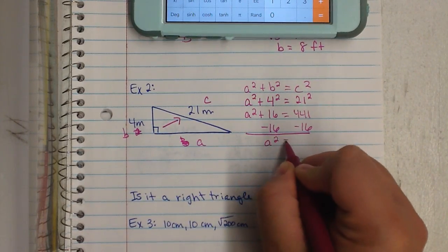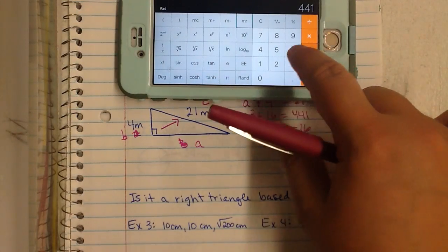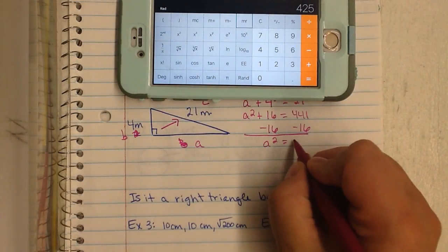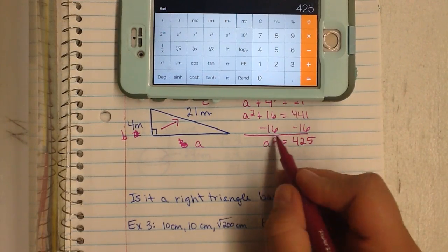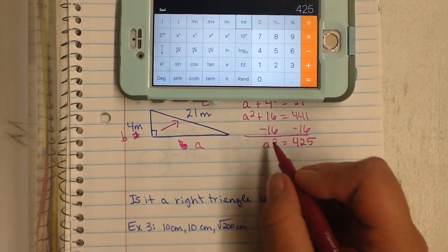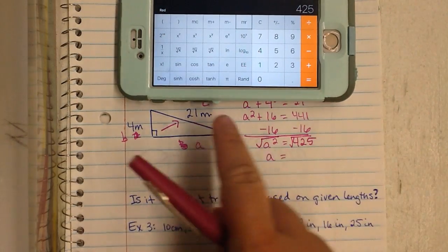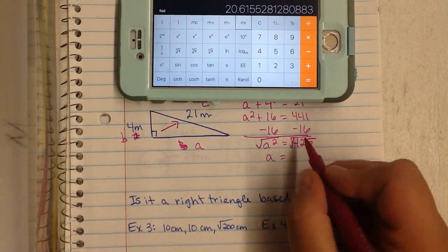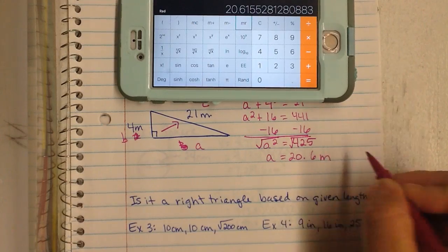So A squared equals 441 minus 16 is 425. Now, I want to solve for A, not A squared, so I got to square root both sides. So A equals, I'm going to square root that, 20.6 meters.